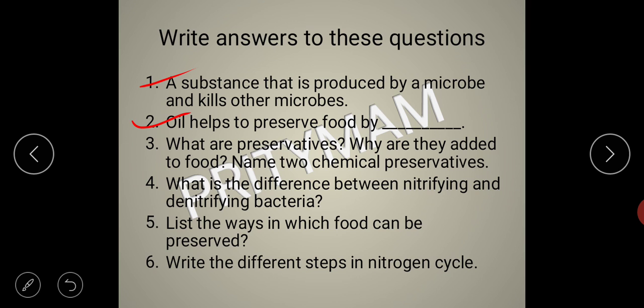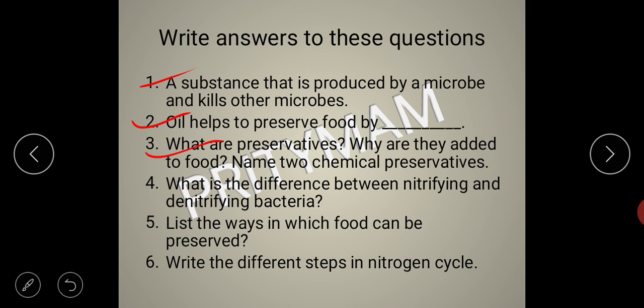Oil helps to preserve food by what? What are preservatives? Write the definition of preservatives, why they are added to food, for what purposes, and name any 2 chemical preservatives.